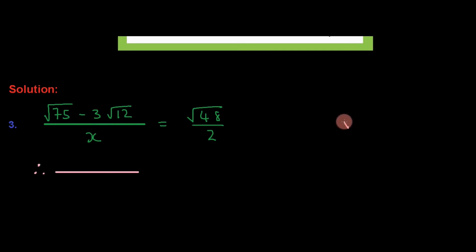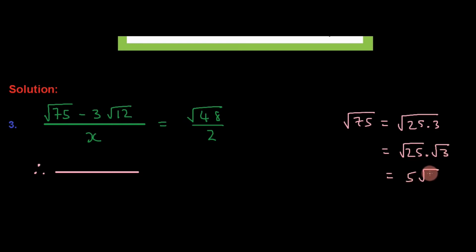Now, the square root of 75, we can write as the square root of 25 times 3. So 25 is the largest perfect square that goes into 75. And this is the square root of 25 times the square root of 3, which is 5 square root 3.